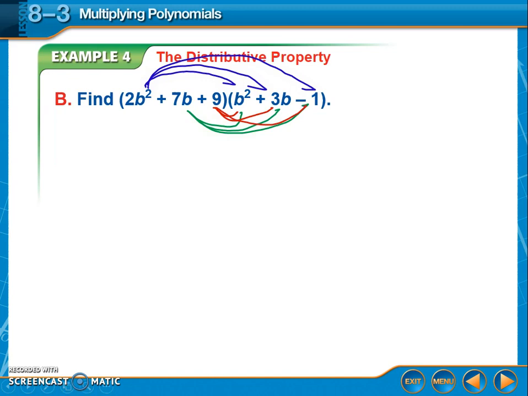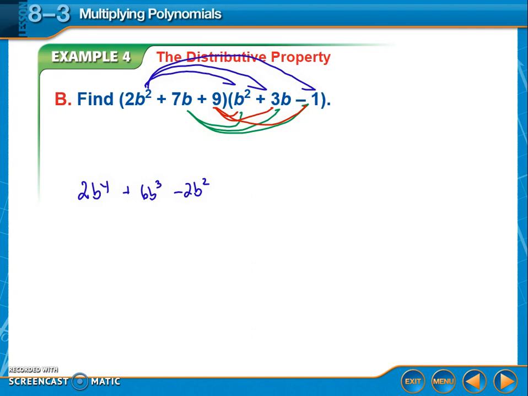So I'm going to start with what I did with the blue. So 2b squared times b squared first. So that's going to be 2b to the 4th. 2b squared times 3b is going to be 6b cubed. And then it's going to be minus 2b squared. And then I'm going to go to my green.